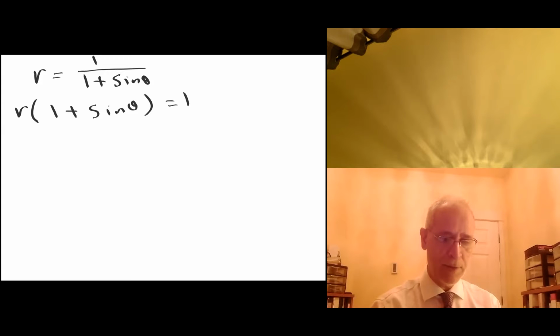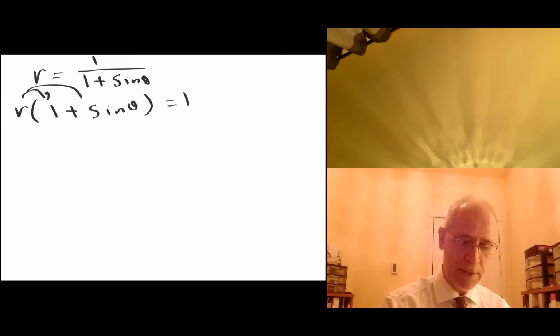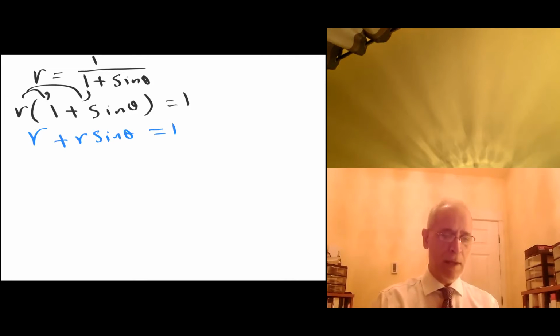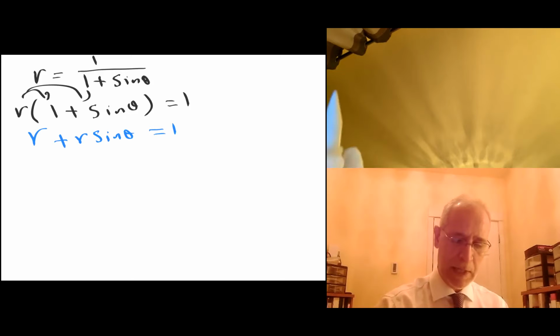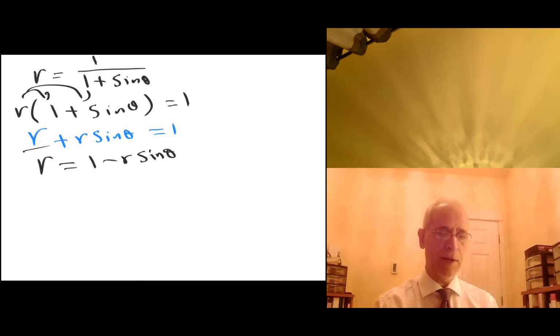Distributing, r plus r sine of theta equals 1. Let me get this r by itself: r equals 1 minus r sine of theta. And we know that r sine of theta is y anyway.